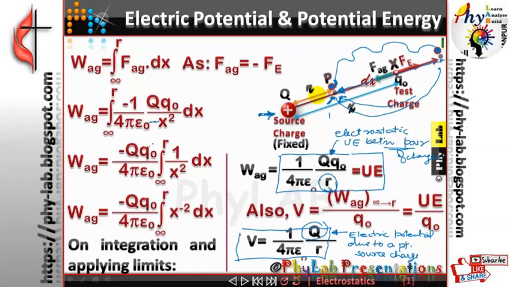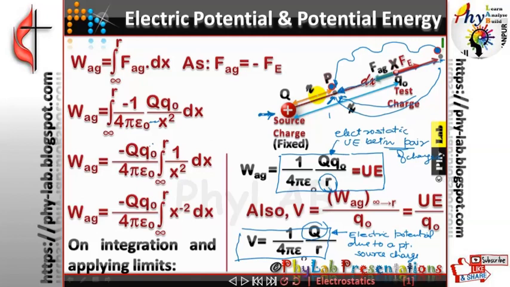But both those quantities were vector in nature. Here you are finding electrostatic potential energy and electric potential. Electrostatic potential energy is defined for a pair of charges and electric potential is defined due to a source charge. But both these quantities happen to be scalar quantities, friends.